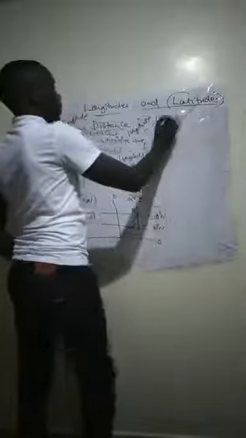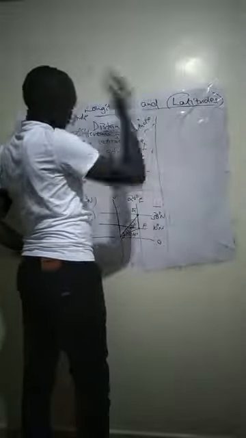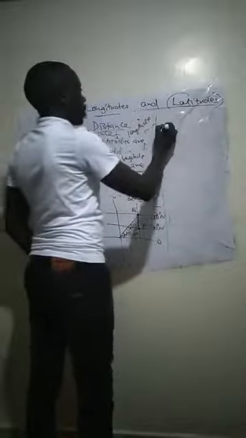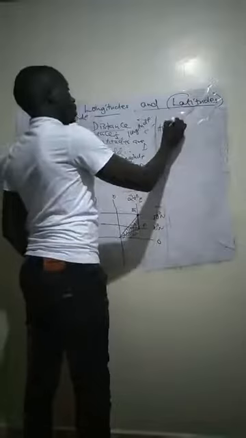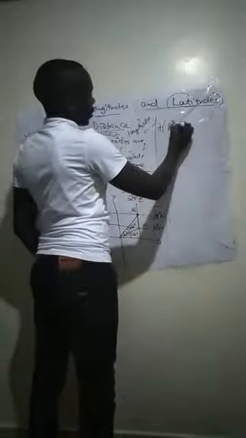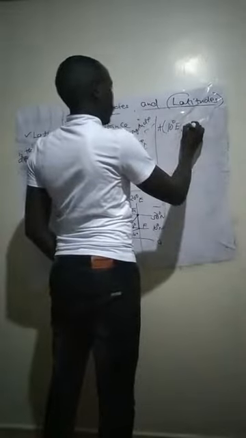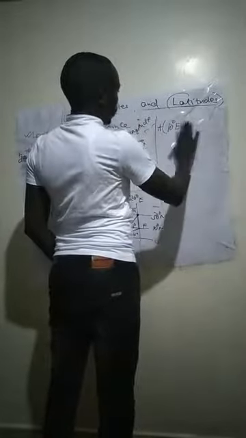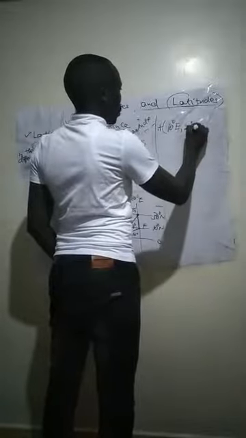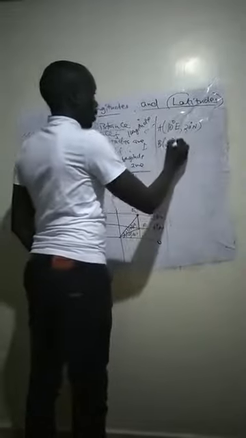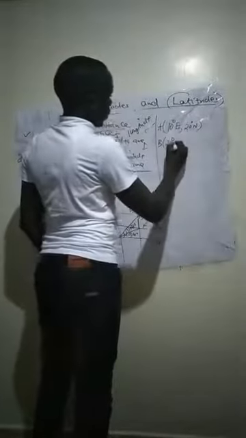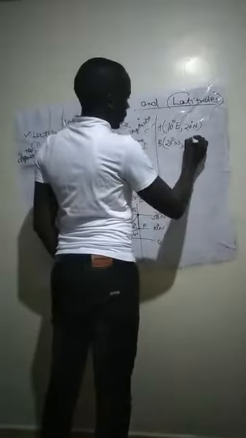You have two towns: A, 10 degrees east and 20 degrees north, and B, 20 degrees west and 20 degrees north.